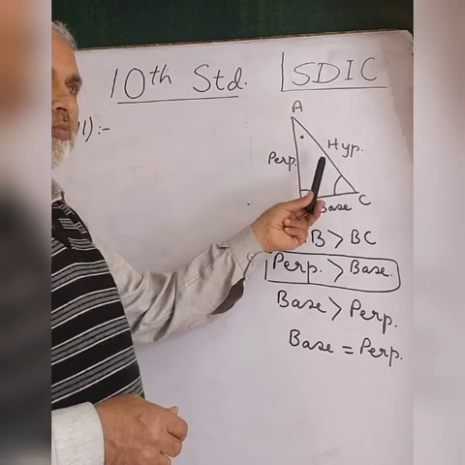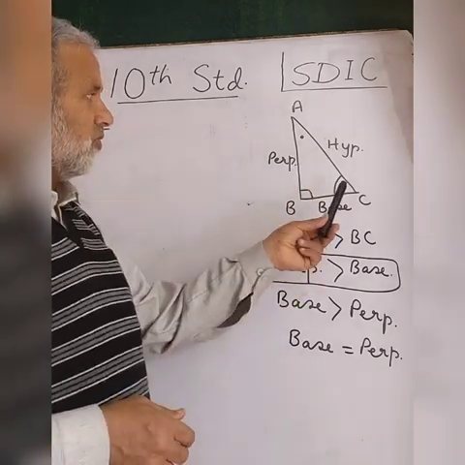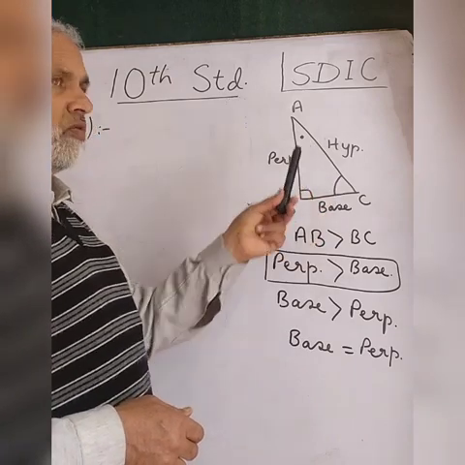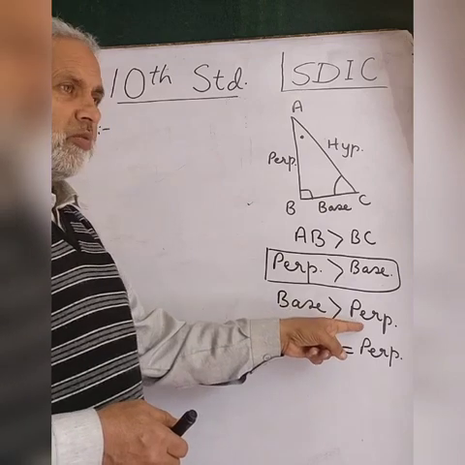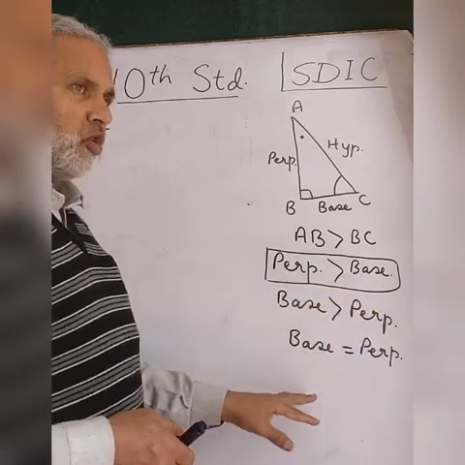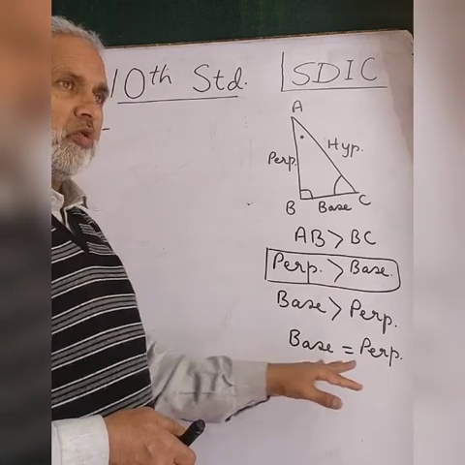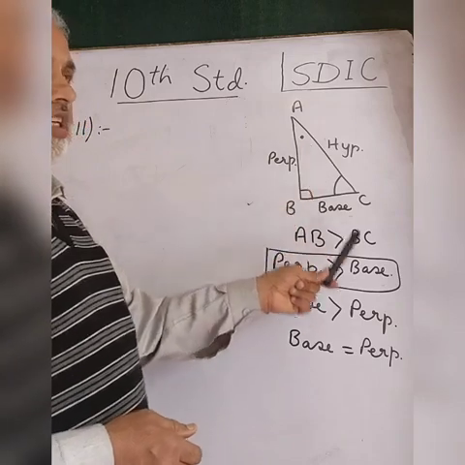But we may have a situation where the two acute angles will be equal. Each will be 45 degrees. This will be 45, this also will be 45. Equal. Then what will happen? Then base will not be larger than perpendicular, or perpendicular larger than base. But the third situation will arise. Base and perpendicular will be equal. That is the case when the two angles are equal.